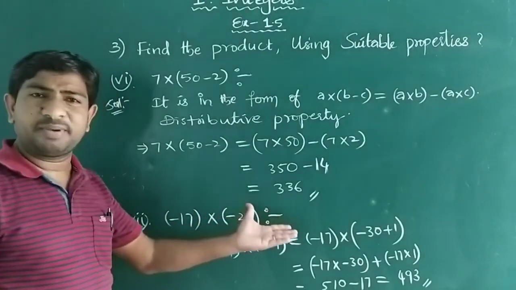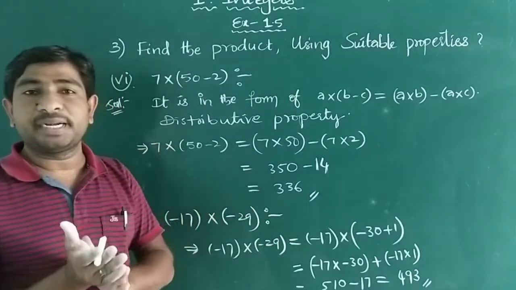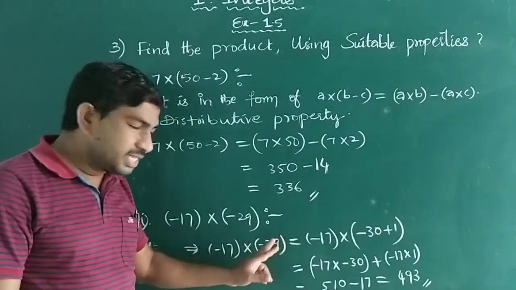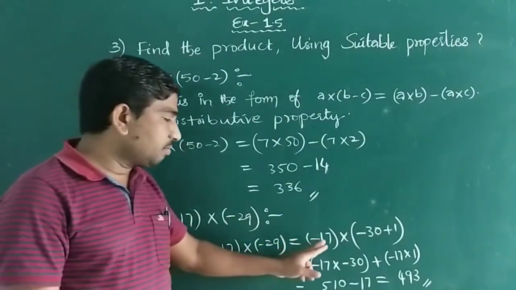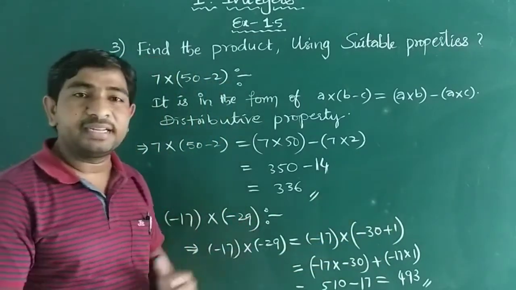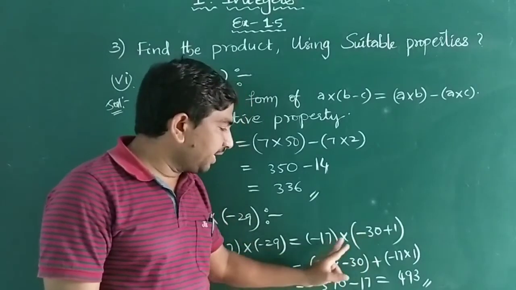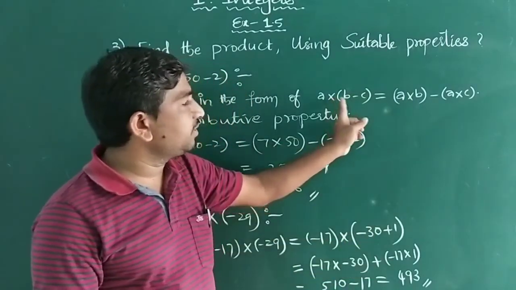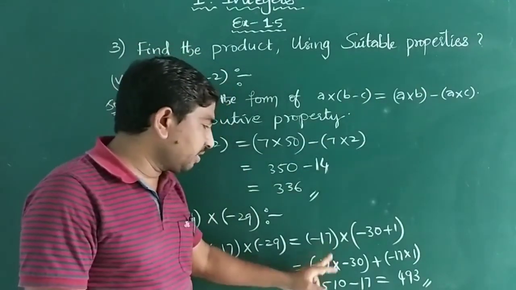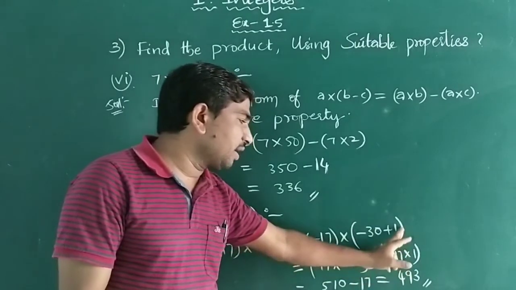So now the seventh problem, minus 17 into minus 29. Directly we can multiply, but we must find which property is involved. This minus 29 can be written as minus 30 plus 1, to find the distributive property here. So in a into b plus c form, a into b plus a into c, we get minus 17 into minus 30 plus minus 17 into 1.